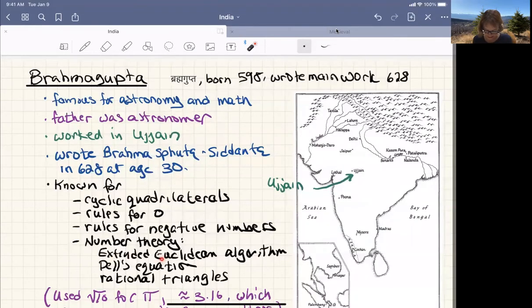So there's the extended Euclidean algorithm, Pell's equation. We're going to look a little bit more at Pell's equation, and also rational triangles, which we're going to look at very briefly to see exactly what that is.